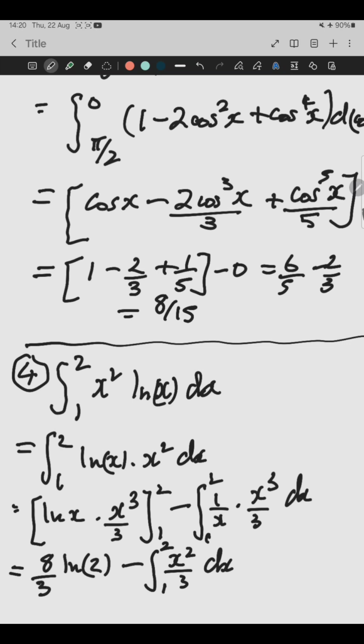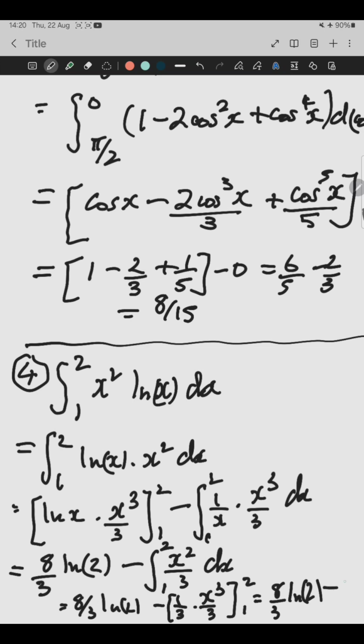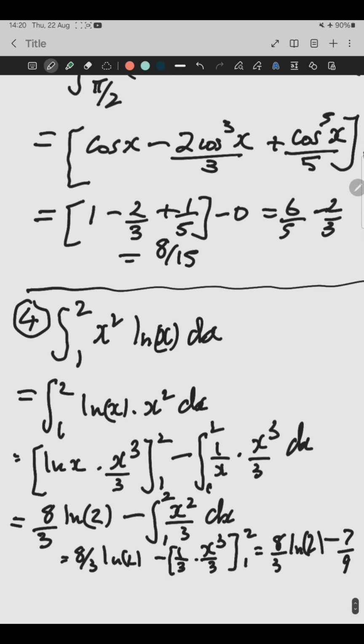And so we end up with 8 upon 3 log n of 2 minus 1/3, which we've already got, and then integrating x squared is x cubed over another 3 between the limits 2 and 1, and that quite simply comes out to 8/3 log n of 2 minus 7 over 9. That finishes the fourth one.